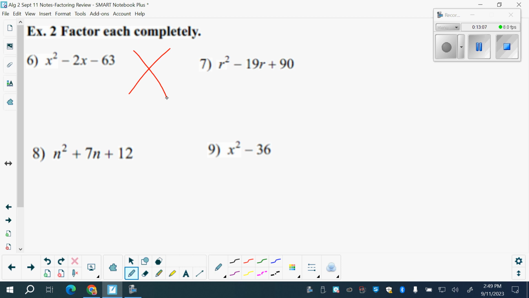We're looking at the last term here, negative 63, the constant, and the coefficient in front of the x, the negative 2. We're looking at what multiplies to this and adds to this. What multiplies to negative 63 that adds to negative 2?